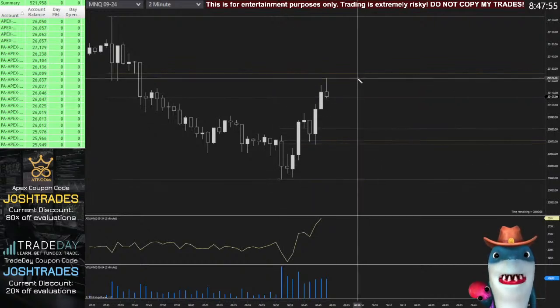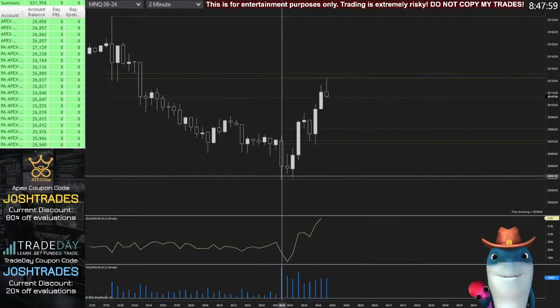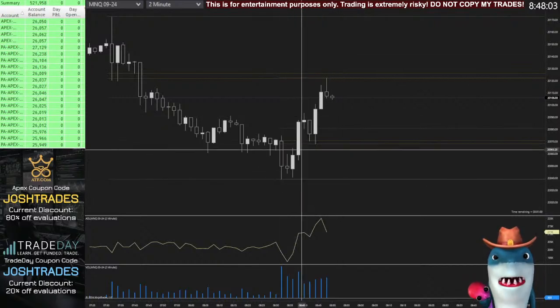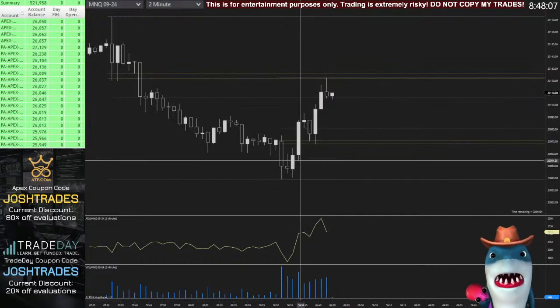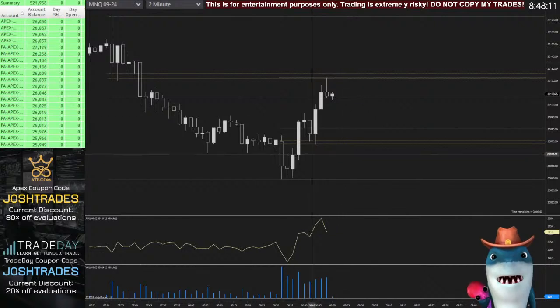And here's another application of the LFG setup where I just drew fibs from this recent uptrend. It's a very minor uptrend on a smaller time frame, but we're making higher highs and higher lows.